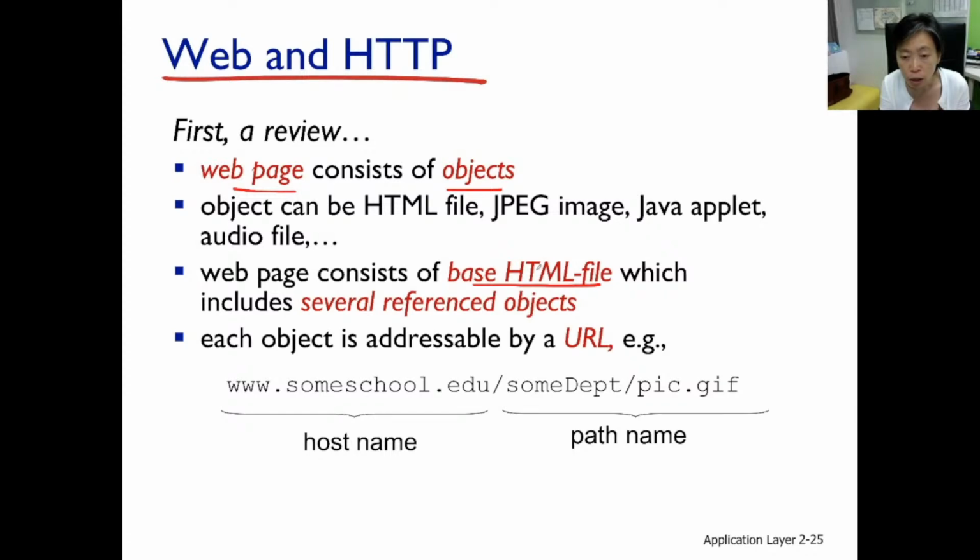And in each file are embedded several referenced objects. These objects could be another HTML file, a JPEG image, an applet or a script, or an audio file. Each object on the web is addressed by a URL. This is an example of a URL. There are three parts: the host name, the path, and the file name.